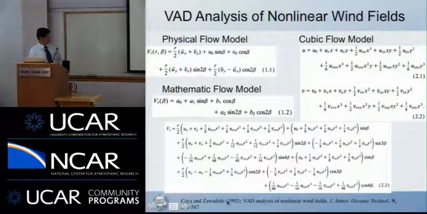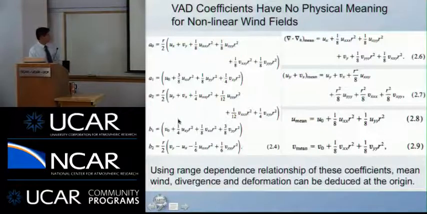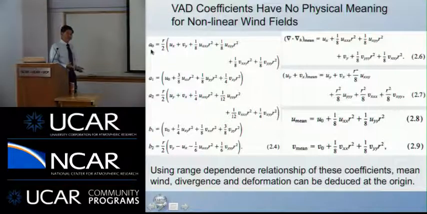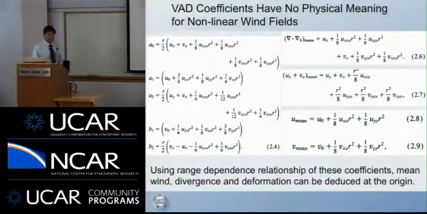And you can look at Kaya and Zawadzki 1992 for more detail. The point is, we can still do a Fourier decomposition to resolve the A0, A1, A2, B1, and B2. However, in a nonlinear sense, there are lots of terms appending to these basic linear quantities, as I showed you earlier.